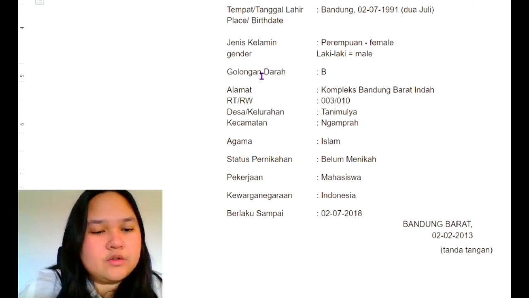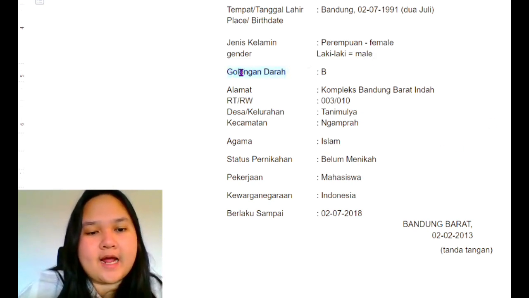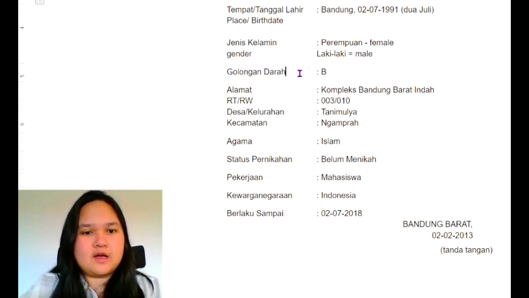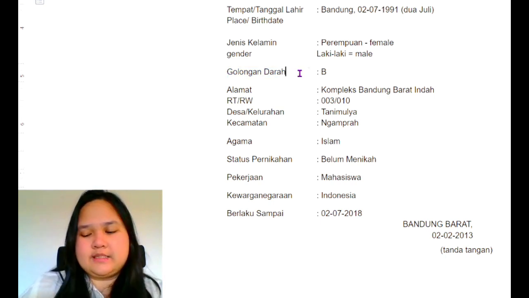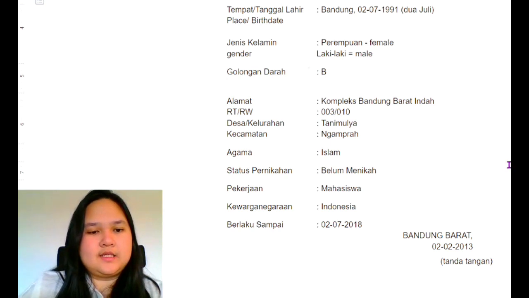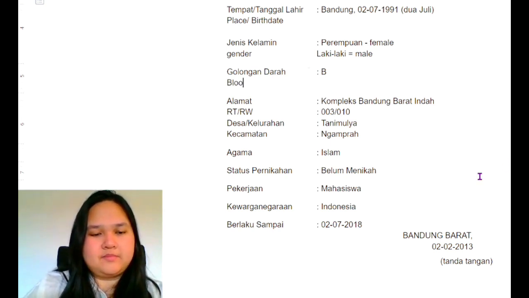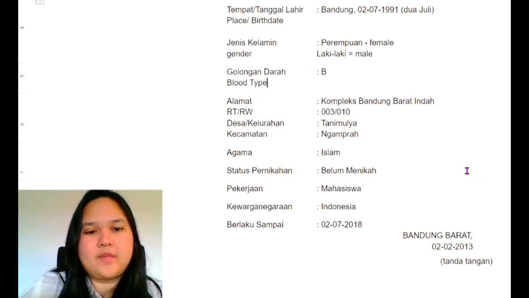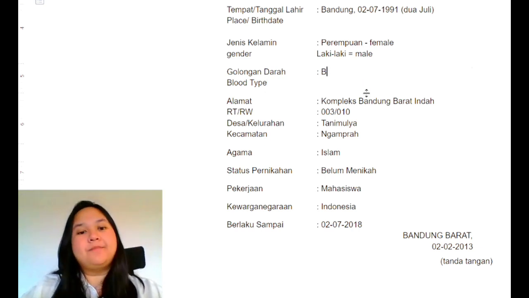And in the ID we also have golongan darah. Golongan is type and darah is blood. So blood type, which is B in this one.